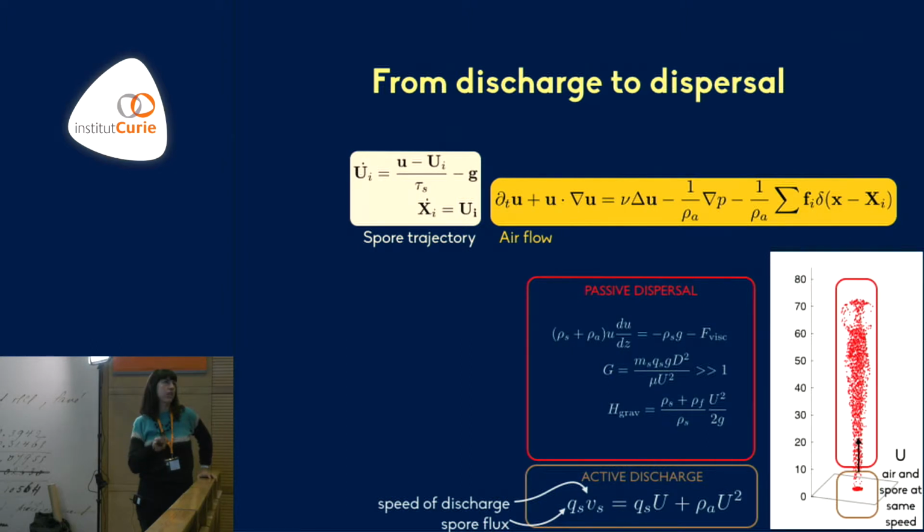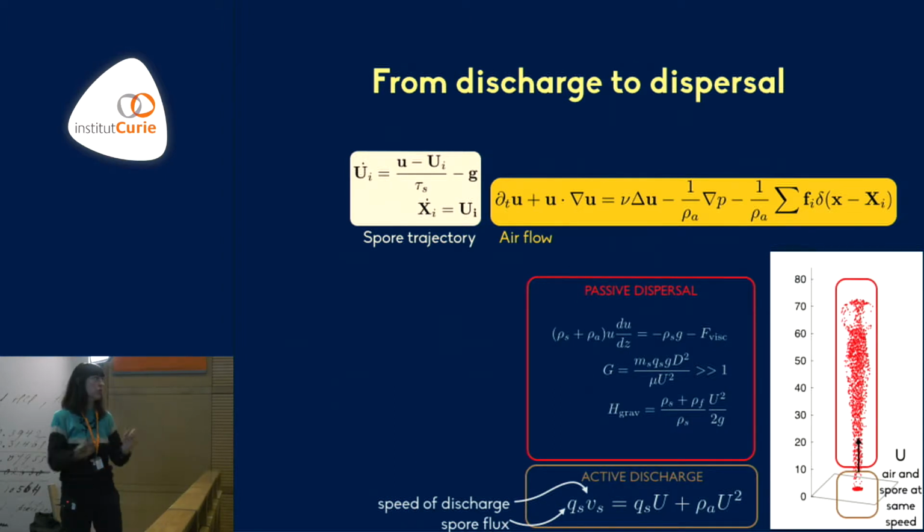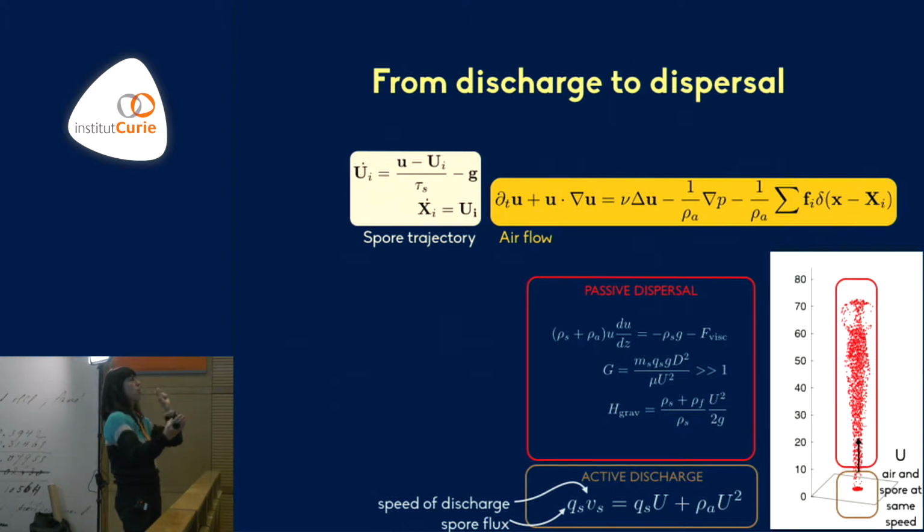Okay? Viscosity plays a minor role. So the transition between this brown region and this red region brings you from a microscopic projectile that's killed by drag to a macroscopic jet that's mainly limited by gravity. You can't do better than that.